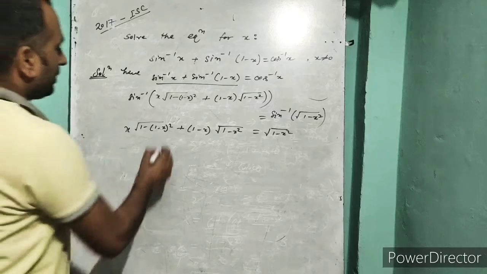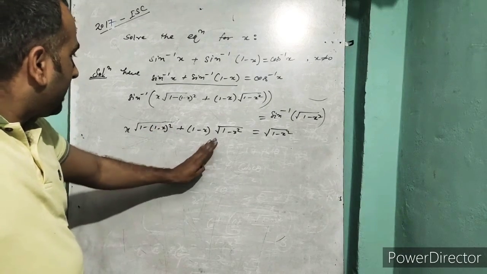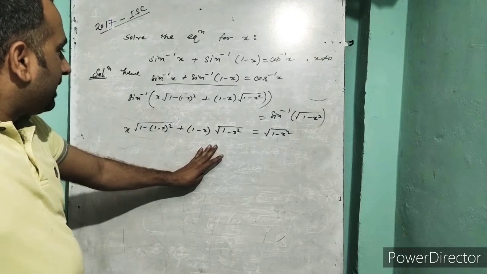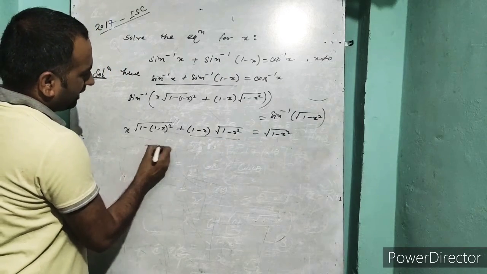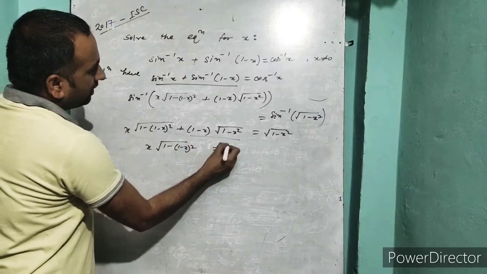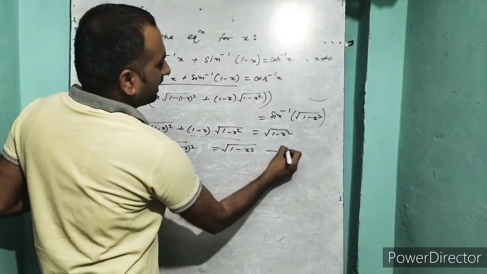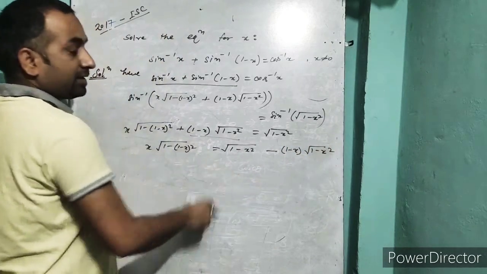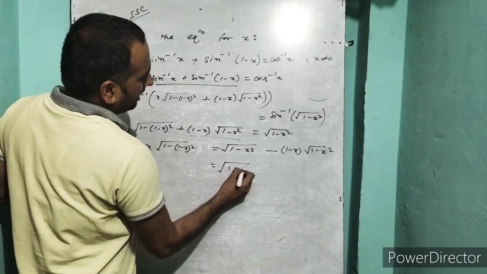Okay, so now I can transpose this portion. This will give you x under root 1 minus (1 minus x) the whole square is equal to under root 1 minus x square minus (1 minus x) under root 1 minus x square. What can we take common? Root 1 minus x square is common.